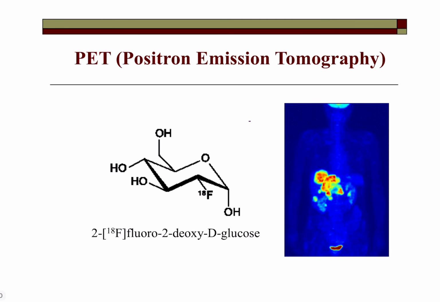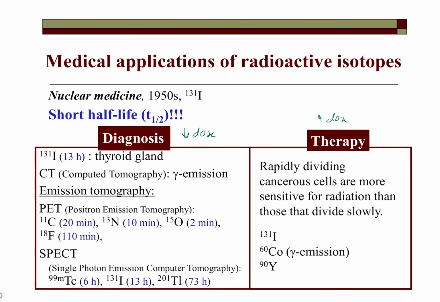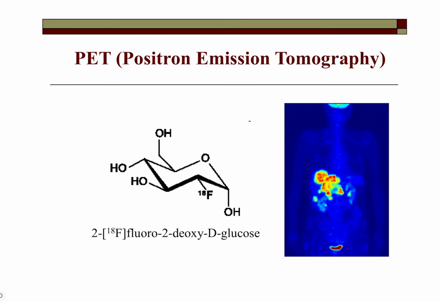For example, PET, positron emission tomography, I said we use for cancer cells. Usually we use one of these elements, okay? For example, F18. If we use F18, we have to use it in part of a sugar, for example, glucose.